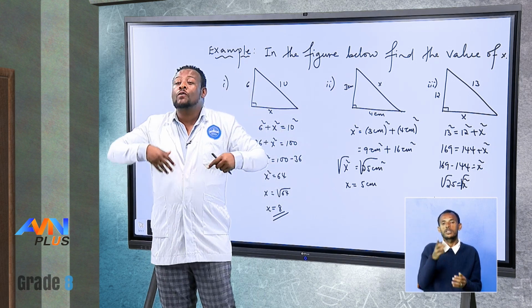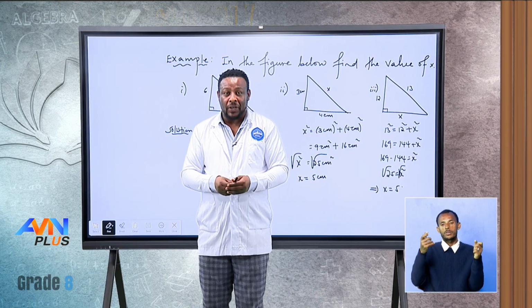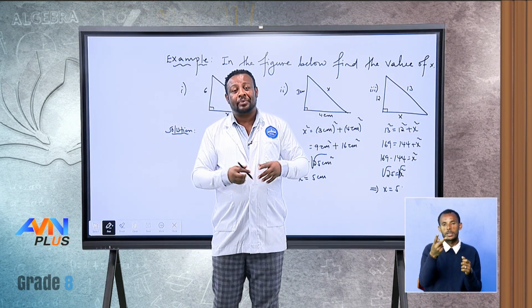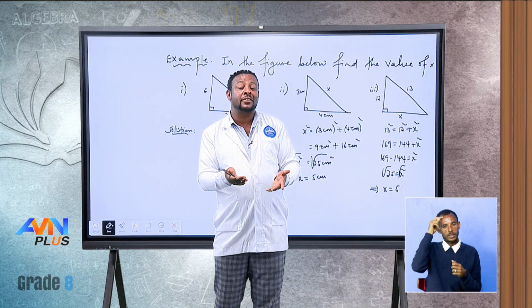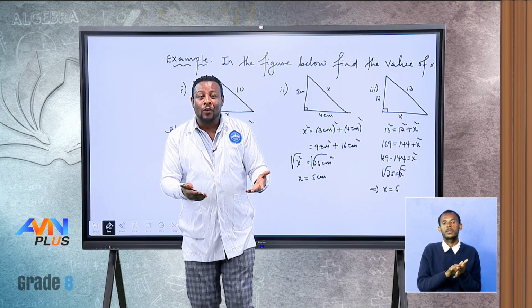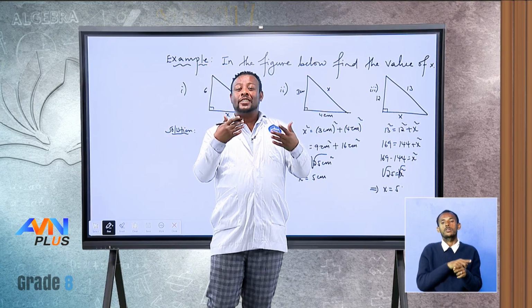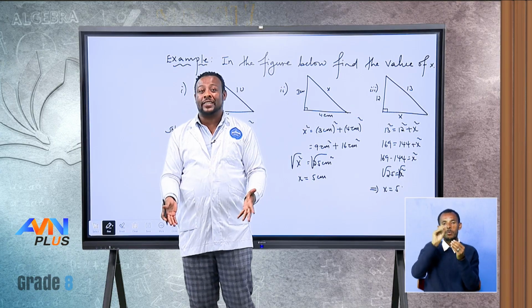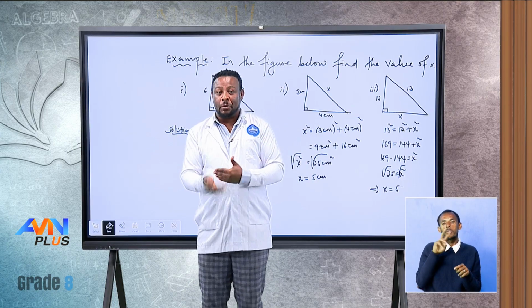There is also a converse of Pythagoras theorem. Already we have seen that Pythagoras theorem says the square of the length of the hypotenuse is equal to the sum of the squares of the two legs. Okay, and we have seen how it can be proved.